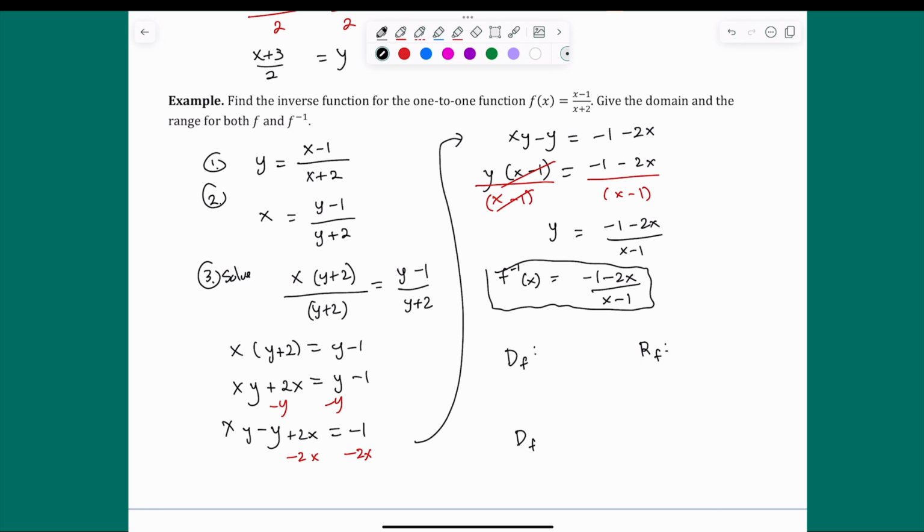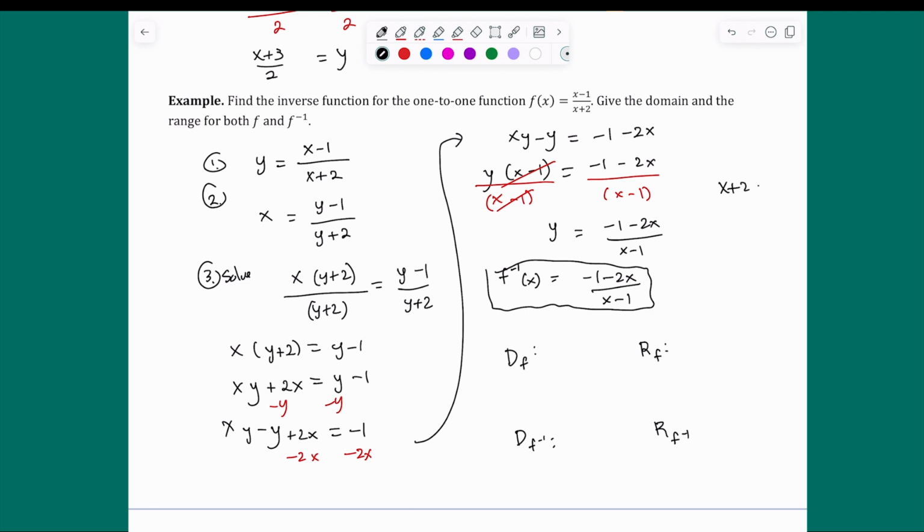The domain of f inverse and the range of f inverse. So the domain of f, we could see it's a rational function, or a fraction type of function, and we're worried about dividing by 0. We have x plus 2 in the bottom of f of x, so we need to restrict the denominator from being 0.